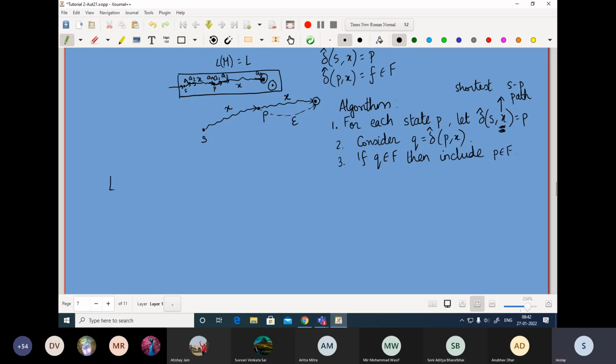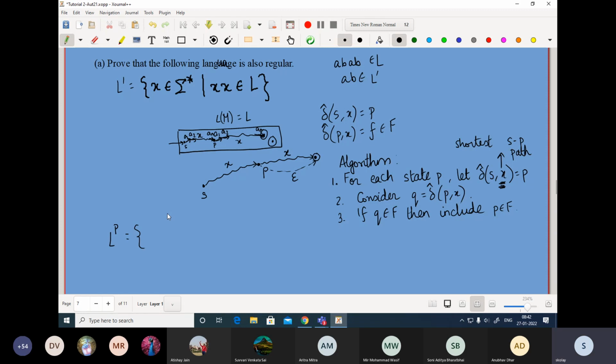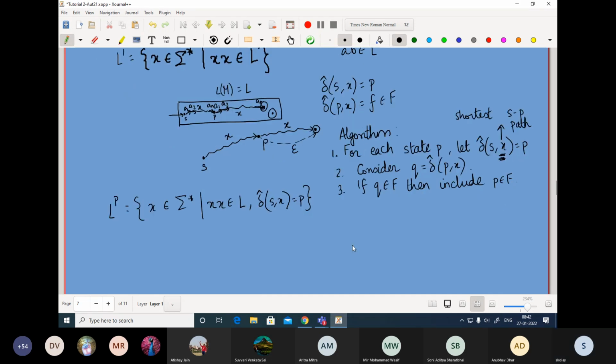So first, let me consider this particular language LP such that X in sigma star, XX in L, and delta hat Sx is equal to P. Okay, I'm being more specific.